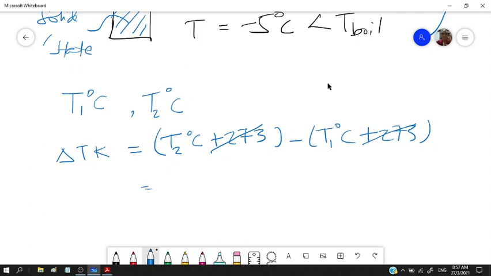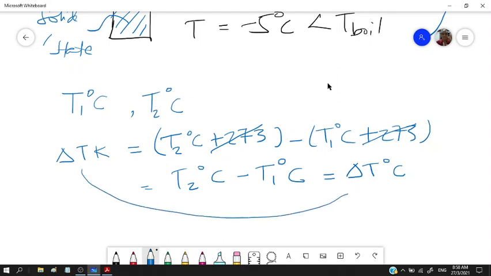Then what we have is T2 in degrees C minus T1 in degrees C, which is equal to delta T in degrees C. So the delta T in Kelvin is equal to the delta T in Celsius as far as the value is concerned.